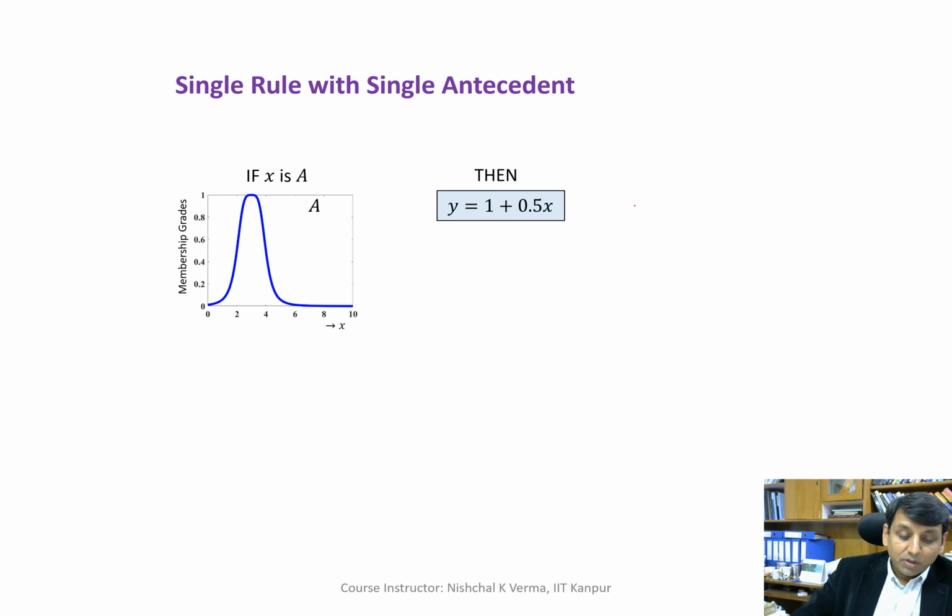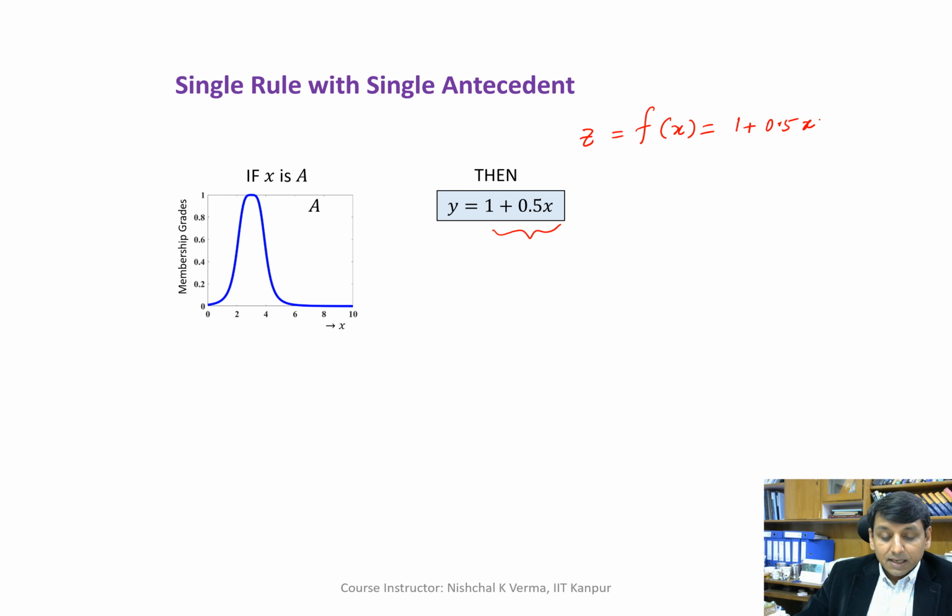Let's say we have a TSK fuzzy model which has the polynomial fx, where z is the output, of the form 1 plus 0.5 into x.